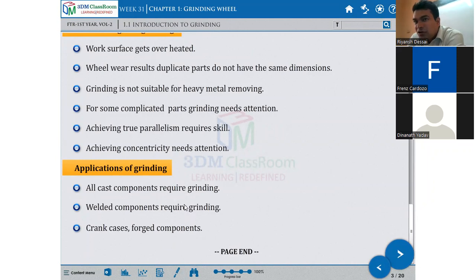Distortion means the original dimension changes, length wise or width wise. You cannot manage 0% distortion; 100% distortion you cannot control by welding. Somehow you can take precautions and control it, but distortion happens in welding.